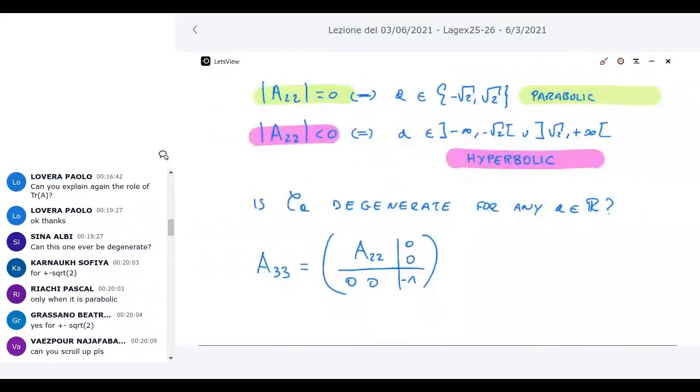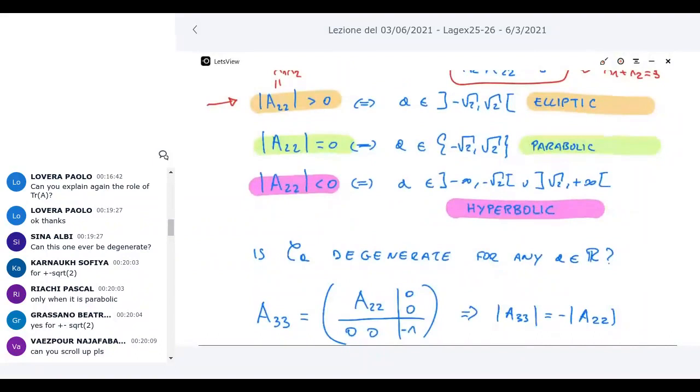And so, since this is a block matrix, the determinant of A33 is equal to minus the determinant of A22, right? And so you see, it's 0 if and only if it is 0. So Grasso Beatrice says, yes, it is degenerate exactly when it is of parabolic type. So there are values of A for which we obtain degenerate conics.